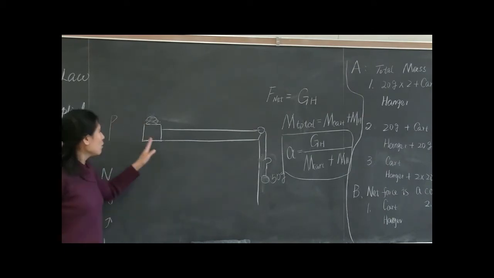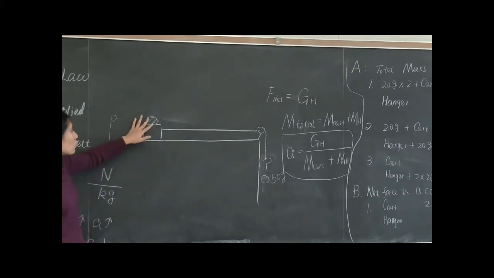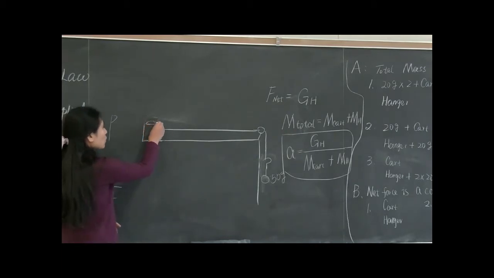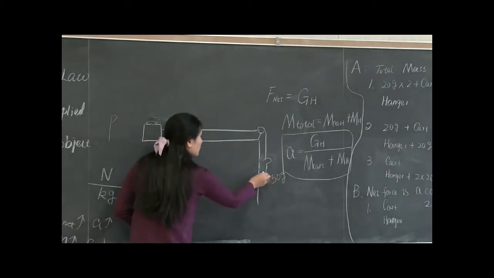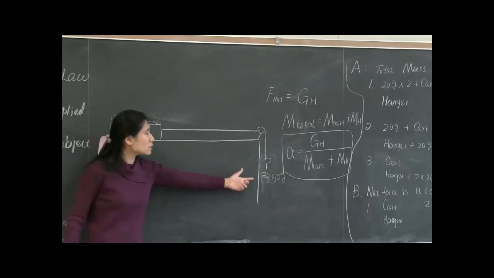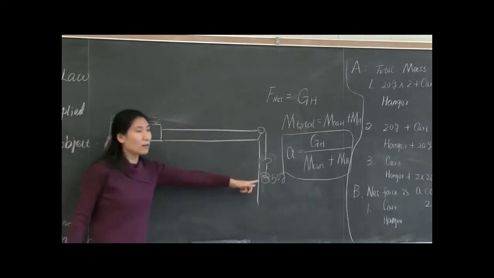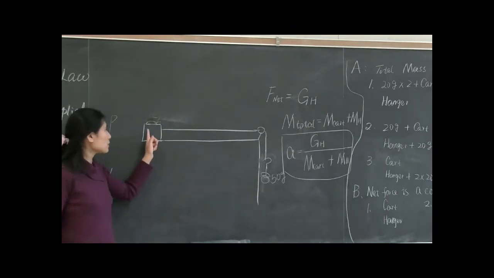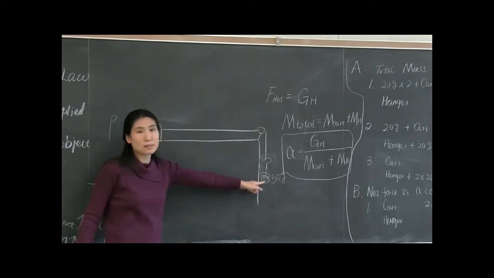Now for the second measurement, we will remove one of these 20 gram masses from the cart and move it to the hanger side. In this setup, the total mass of the system is still the same: the 20 gram masses plus the cart plus the hanger.